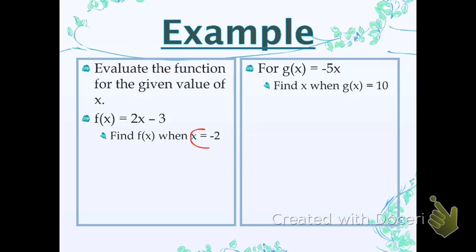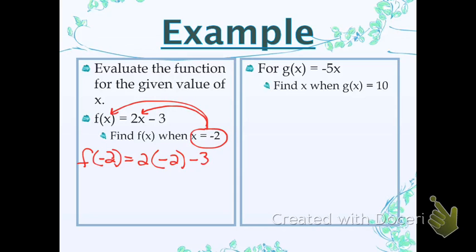What you would do is substitute a negative 2 everywhere you see an x. So f of negative 2 equals 2 times negative 2 minus 3. The x has been replaced with what x is equal to, which is negative 2.